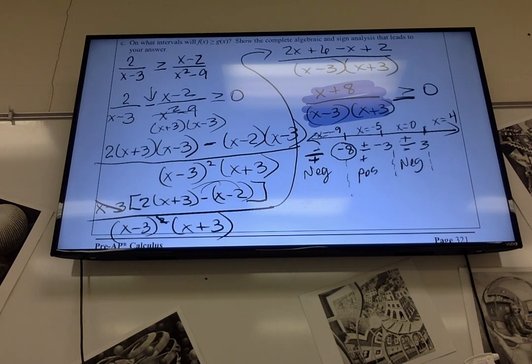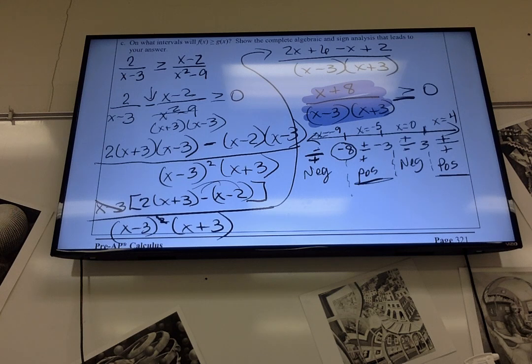And if I plug in 4, I have a positive over a positive. So the ones that give me positives are the things that give me greater than or equal to 0.